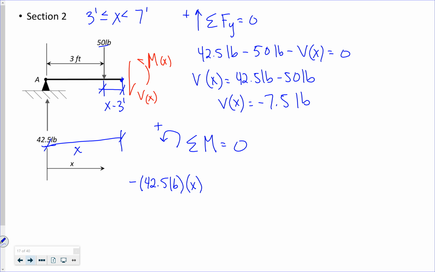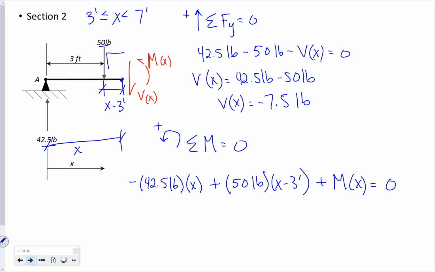And it is acting counterclockwise, so it's positive. A force of 50 pounds at a moment arm of X minus 3 feet. And then I've also got my moment function acting positive counterclockwise.